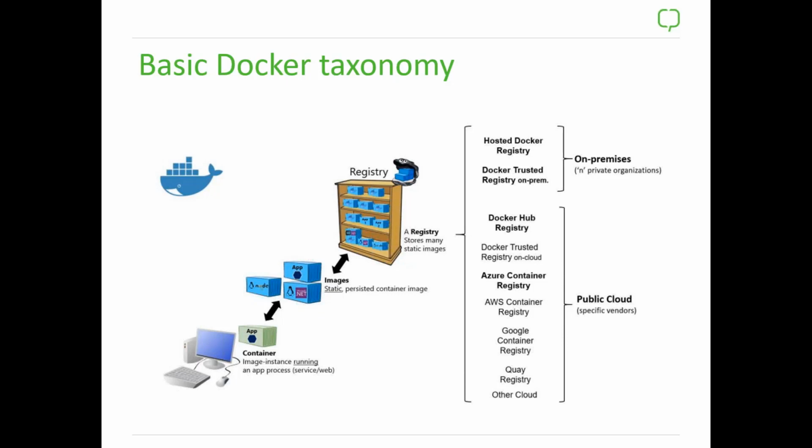They do not run. They are just something stored somewhere. And the container is the instance created based upon the images. The containers behave as an object in object-oriented programming. So when we want to use an image, basically what we do is we instantiate a container based on that image.